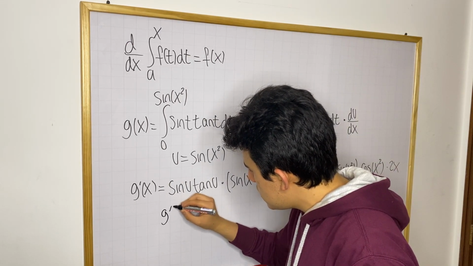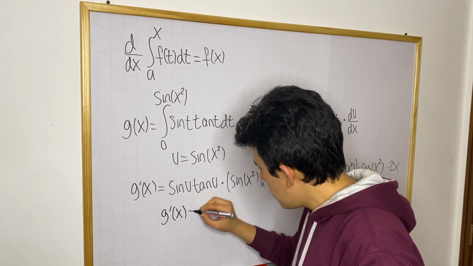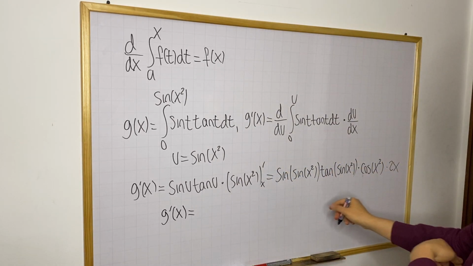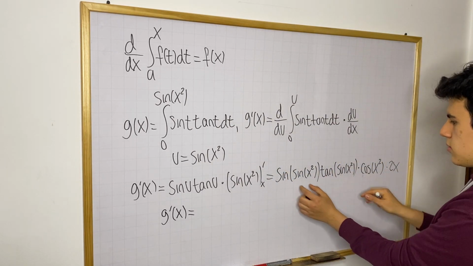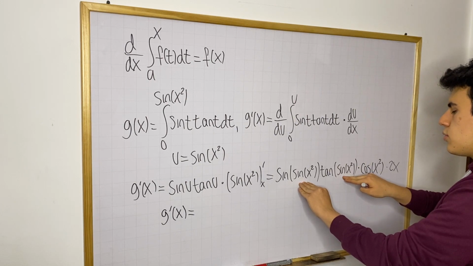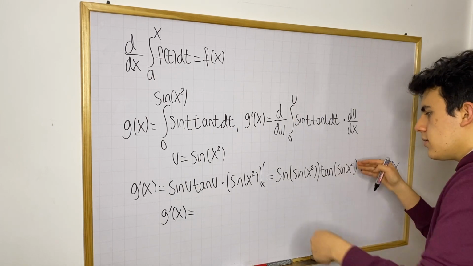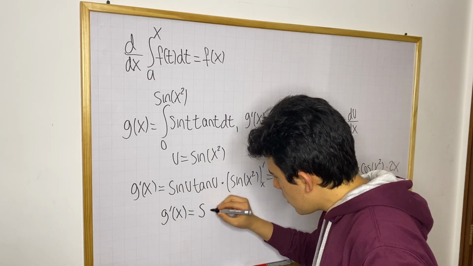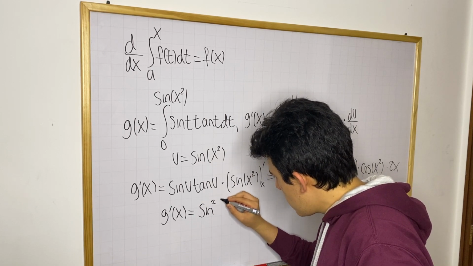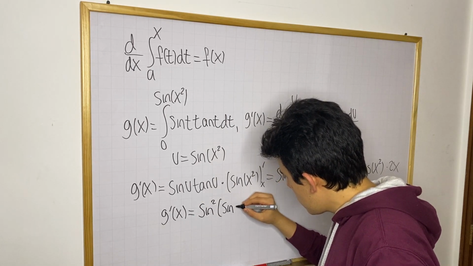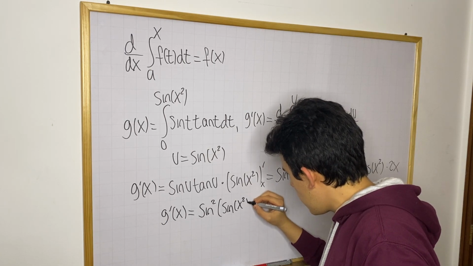So I'm going to say that g prime of x is going to be equal to, these are just the same input, so this is going to be sine squared of sine of x squared, okay?